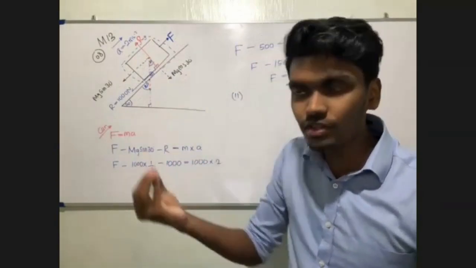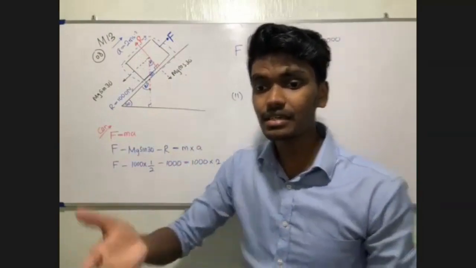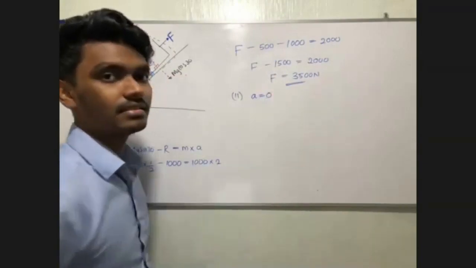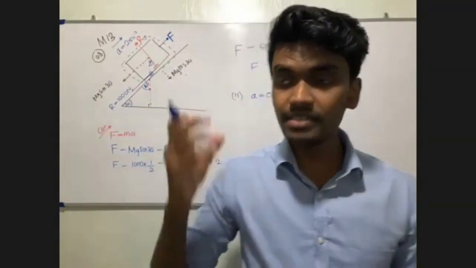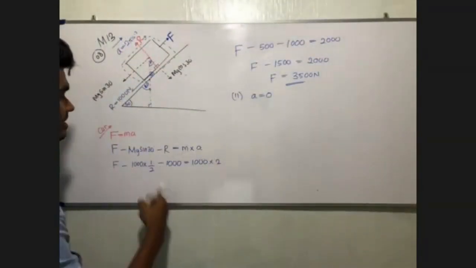Acceleration is 0. If a car is moving with a constant velocity, that means acceleration is 0. So therefore, in the same equation, acceleration should be equal to 0.